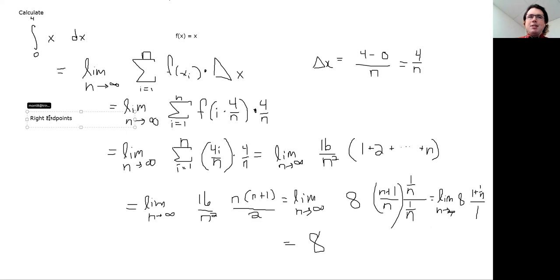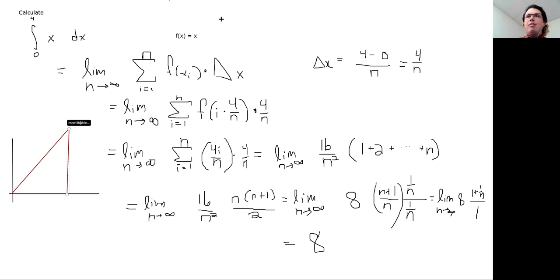Now, if I think about this, what kind of region do I have here? If I start at 0, go up to 4, the function that I've got is just y equals x. Well, that's just a line. What amount of area do I have here?